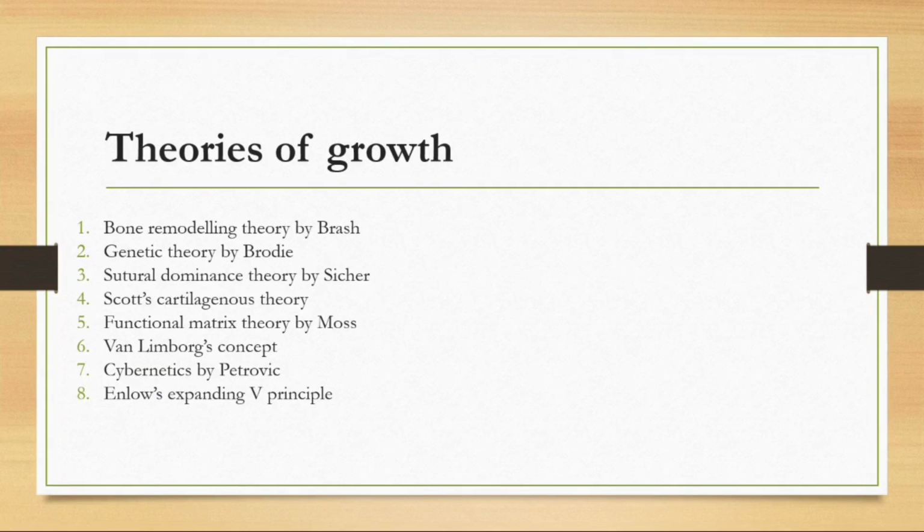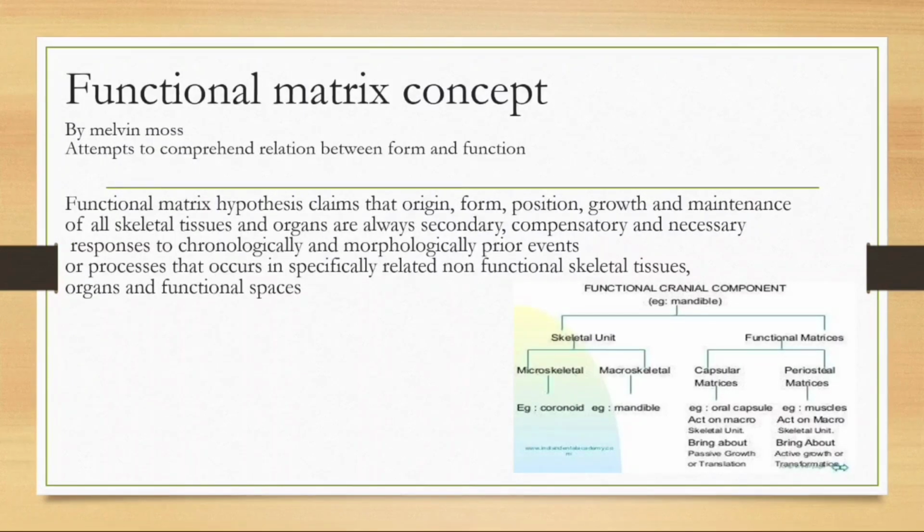Just for example, functional matrix theory claims that origin, form, position, growth, and maintenance of all skeletal tissues and organs are always secondary, compensatory, and necessary responses to chronologically and morphologically prior events or processes that occur in specifically related non-skeletal tissue. So it has skeletal units and functional matrices, again divided into microskeletal and macroskeletal, capsular and periosteal. That is the most important theory, functional matrix.